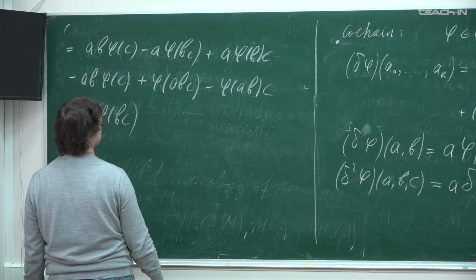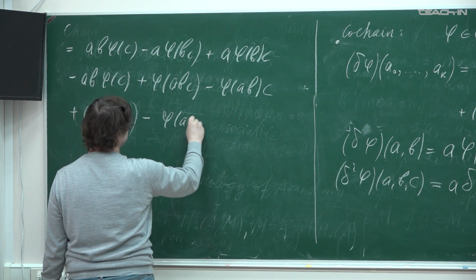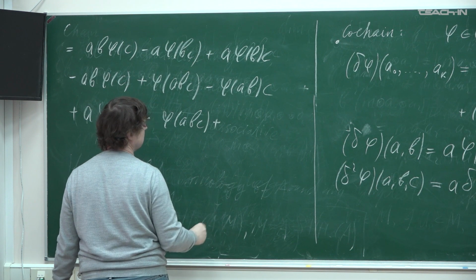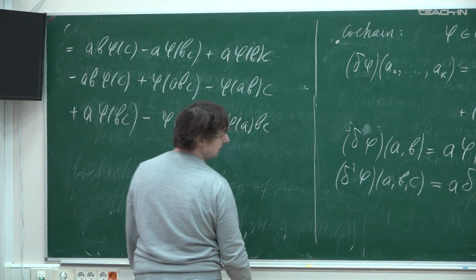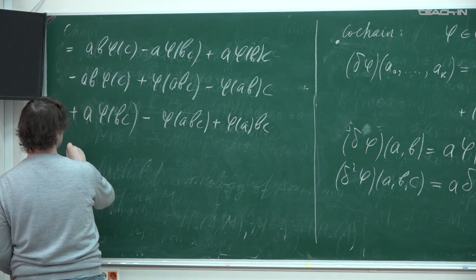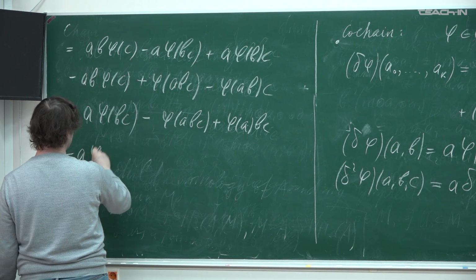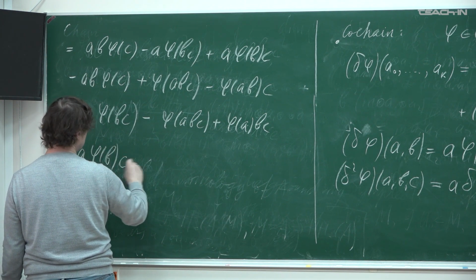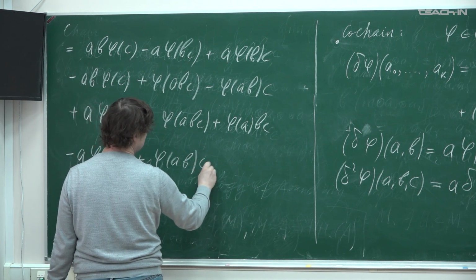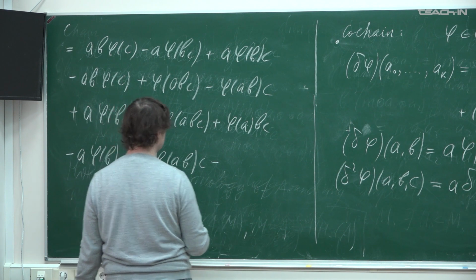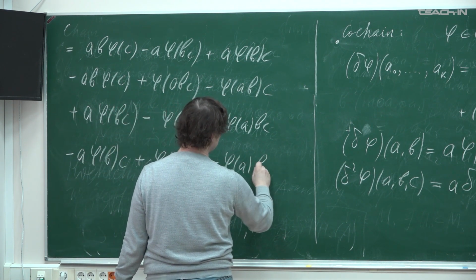Right? Minus phi of ABC plus phi of ABC. And finally, what we have is minus A phi of BC plus phi of AB times C minus phi of A dC.